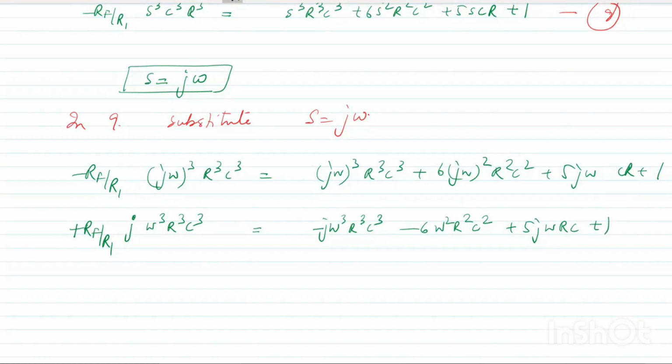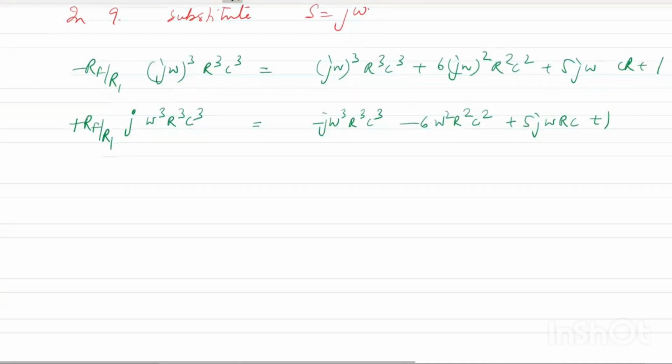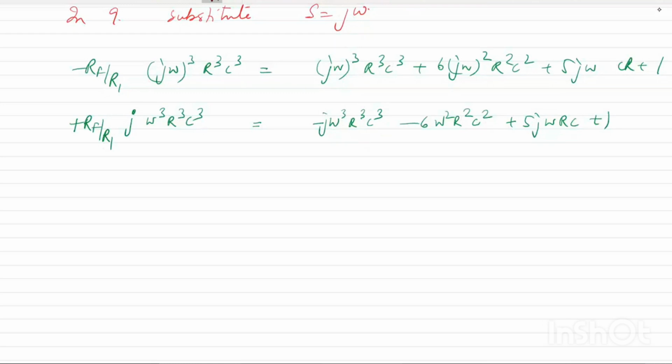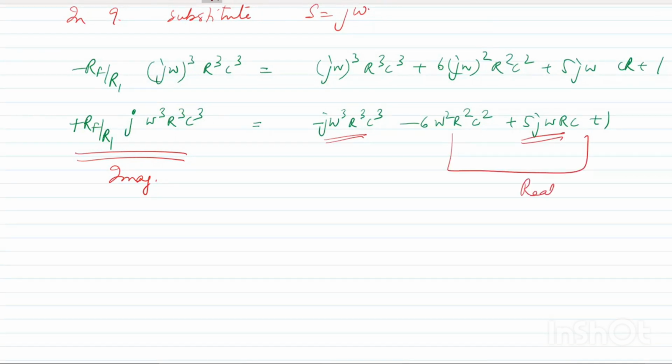Now you can see I have to equate left hand side and right hand side. Left hand side, you have only imaginary term. In right hand side, we have the imaginary term, this is imaginary term, and this is real term. Agree? Left hand side only we have imaginary term. We can equate imaginary and real terms, right?